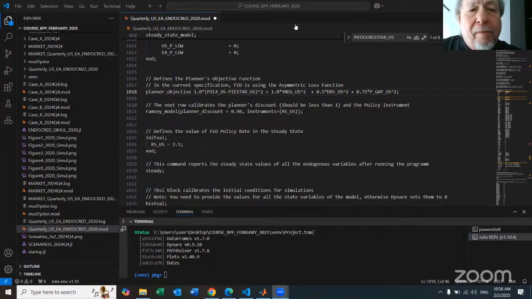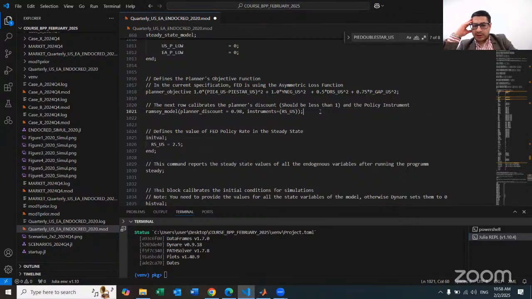I'm interested, do we know the actual algorithms that are being used here? We know that in Dynare MATLAB it was extremely efficient. But do we know if they're the same algorithms in Dynare Julia?